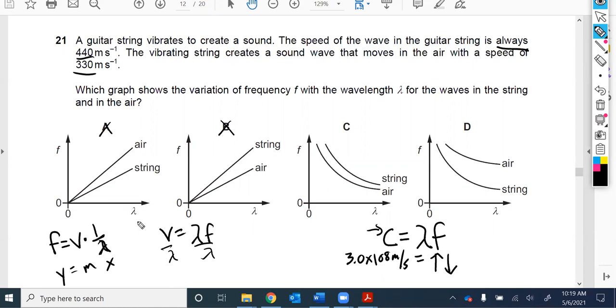So hold on a second. Maybe we were too quick to dismiss these. You'll get a constant velocity if you plot 1 over lambda, right? Because it's v over that, y equals mx. Wait a minute, now I'm confused.